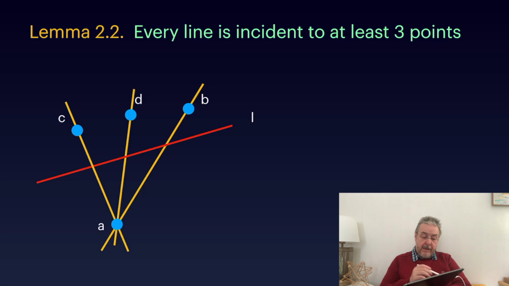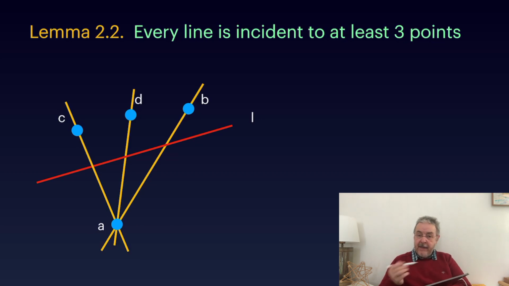Again, keep in mind, say C and D could still lie on L. So these 3 lines here must be different from L, because they have the property that A lies on them, and L has the property that A lies not on them.